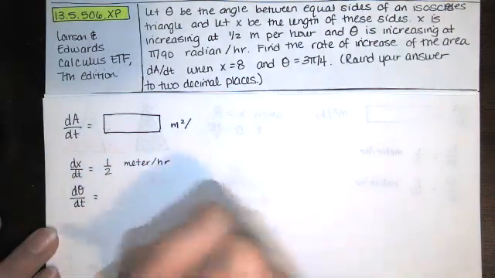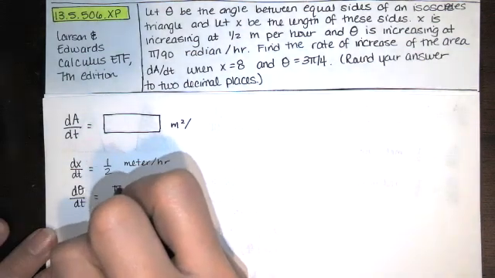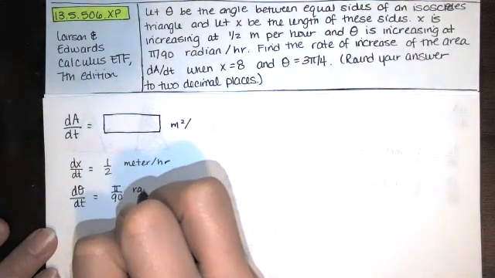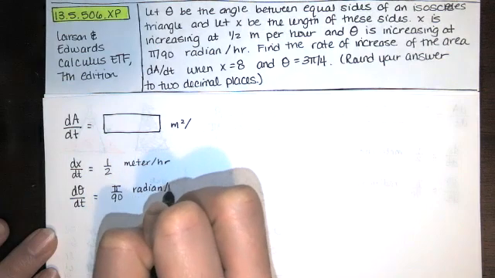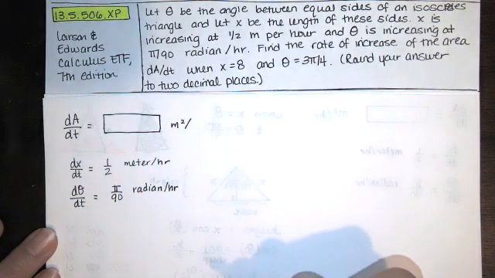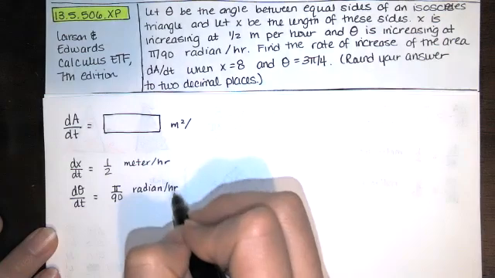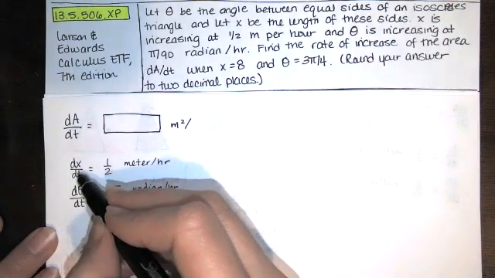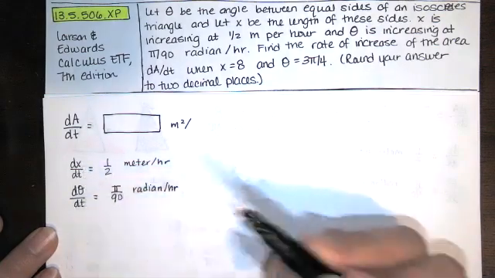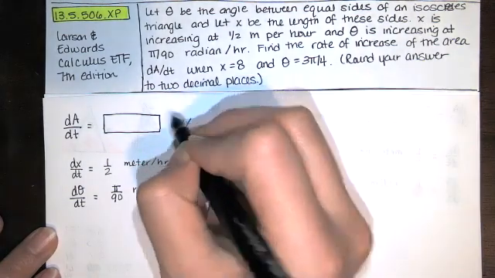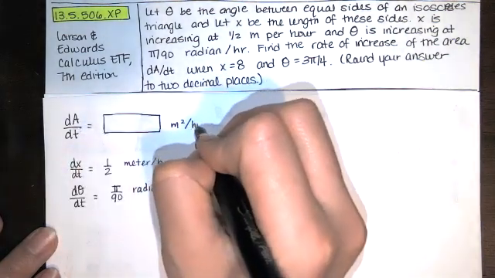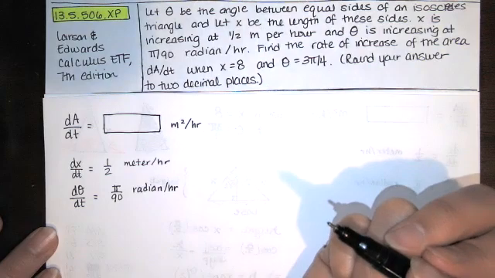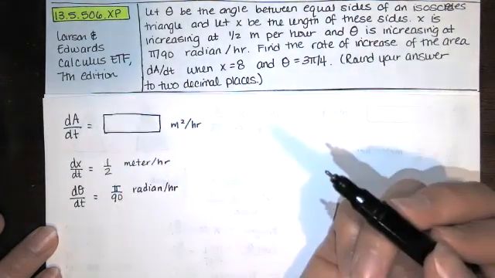When they say it's increasing, that means it's positive. If these rates of change are measuring t in hours, our area rate of change should measure that time in hours as well. So that's what we want.